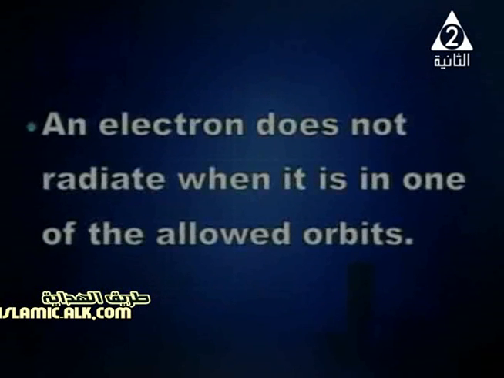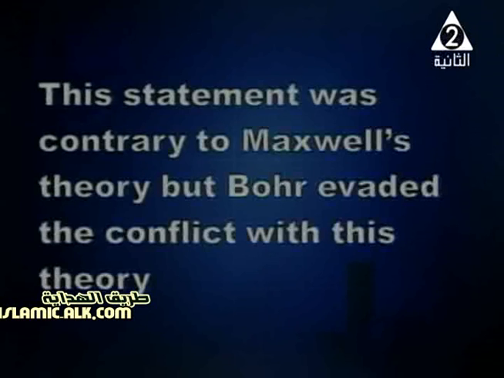An electron does not radiate when it is in one of the allowed orbits. This statement was contrary to Maxwell's theory, but Bohr actually evaded the conflict with this theory. But how?